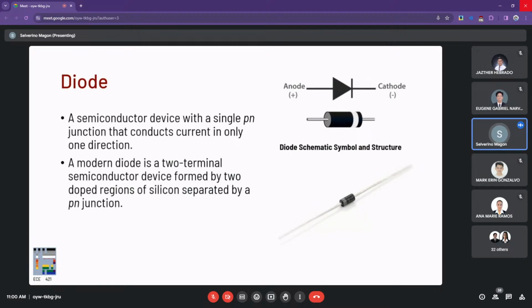All right, so okay, so a diode is constructed by forming the PN junction. All right, so please just don't mind the background noise here.